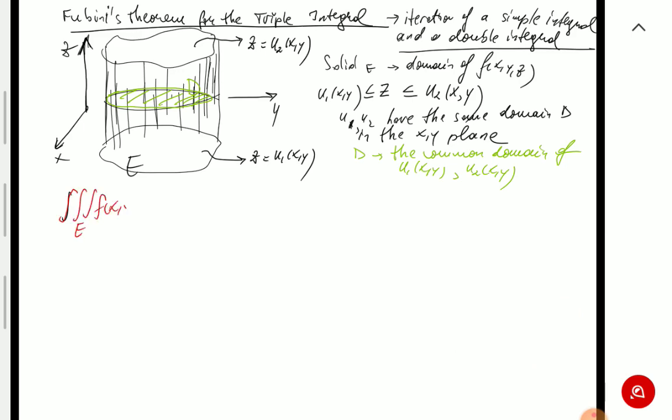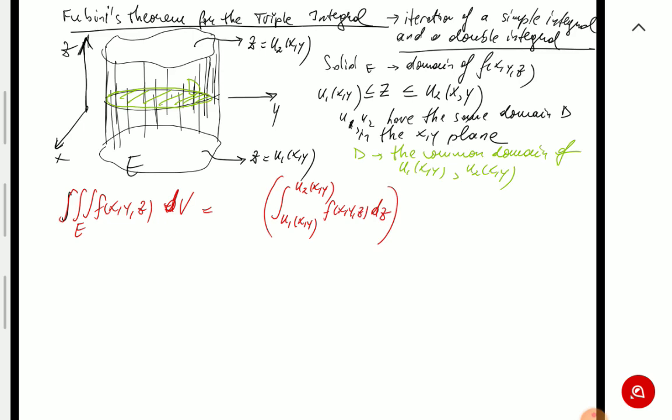the triple integral over this solid for the function f of xyz dV is going to be the iteration where the innermost integral is with respect to z, the variable in between those two surfaces, with the bounds u1 of xy, u2 of xy, the function to integrate dz, and then the resulting answer is going to be in terms of x and y, keep in mind, right?